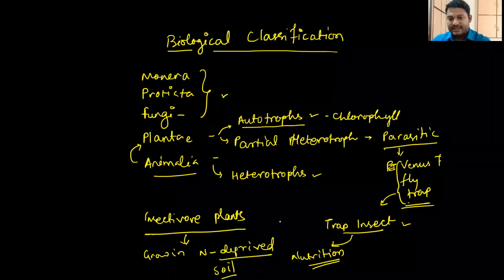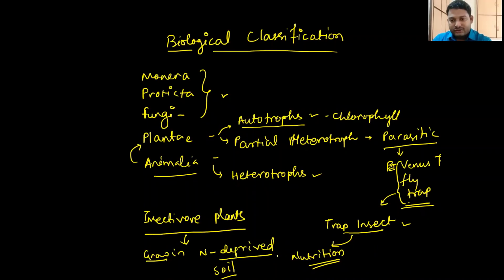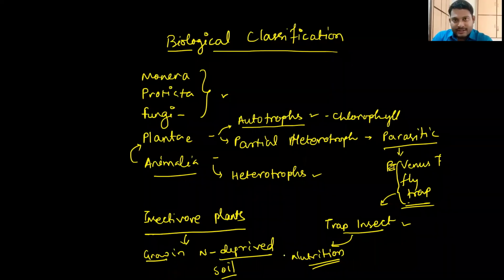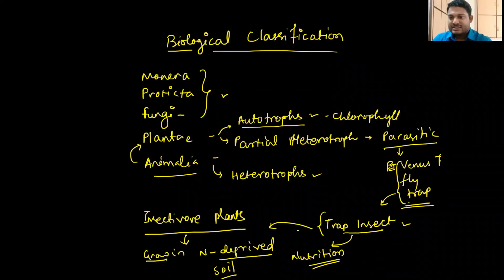So what I'm saying is, insectivore plants like the pitcher plant or the Venus fly trap can grow in nitrogen deficient soil. To cope with the requirement of nitrogen, it comes from the trapped insect. When the trapped insect is digested and absorbed, they get the nitrogen out of it. So the insectivore plant gets partial nutrition in the form of a parasitic mode.